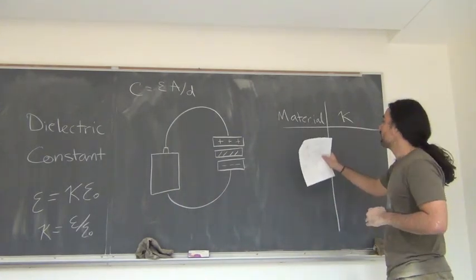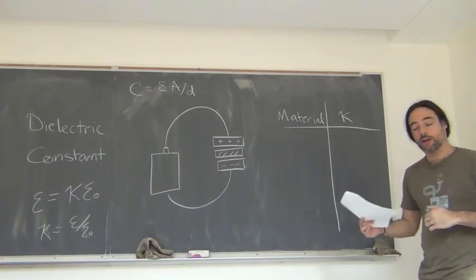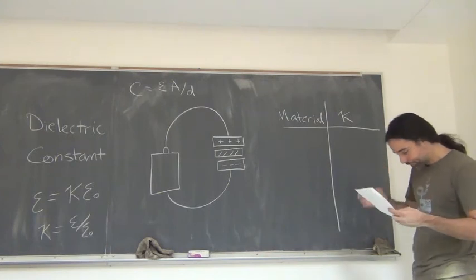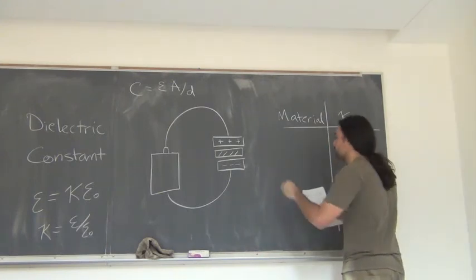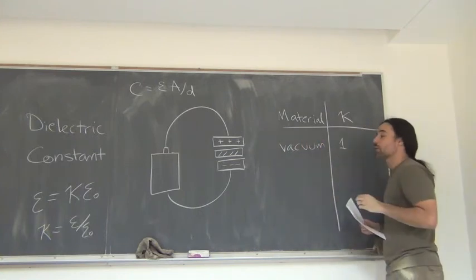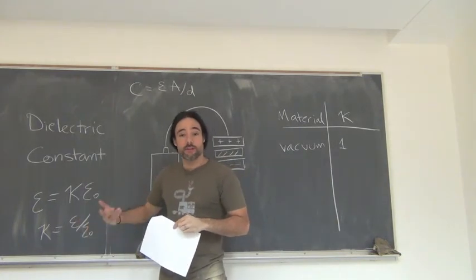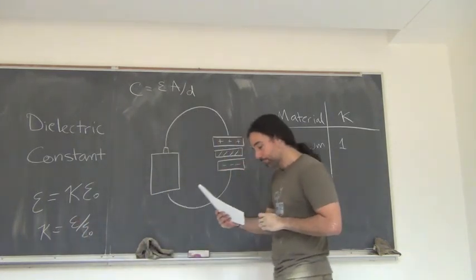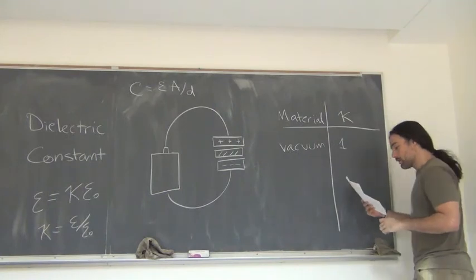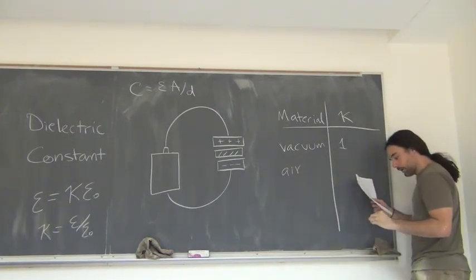So I'm just going to write down a few different materials here, and we'll see what their dielectric constant is going to be. For vacuum, by definition that has to be 1, because the ratio of the permittivity of vacuum to the permittivity of vacuum obviously has to be 1. For air, it's very close to 1, but not quite 1.